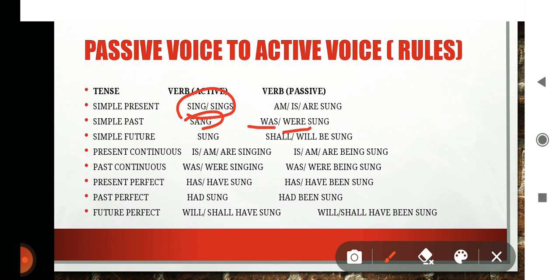Now if we talk about simple future, "sing" is already written here, the first form of the verb. The first form of the verb will be converted into the third form of the verb along with shall or will be.